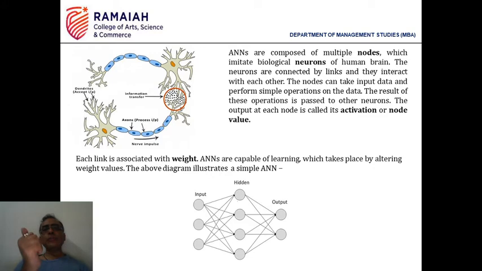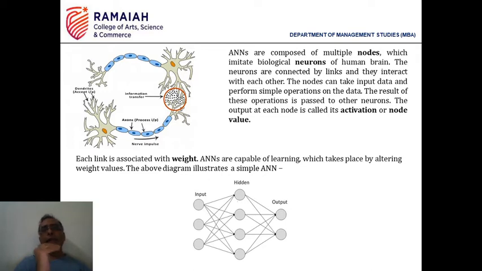Now the artificial neural network is composed of multiple nodes which imitate biological neurons of the human brain. The neurons are connected by links and they interact with each other. The nodes can take input data and perform simple operations. The result of these operations is passed to other neurons.